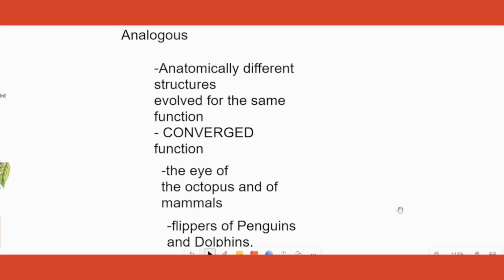Internally the structures are very different. So what can we say? We can say that the anatomical structure was very different, but then they converged into one kind of function. So that kind of structures where anatomically they are different but functions are the same, we call analogous structures, and the kind of evolution is convergent evolution.